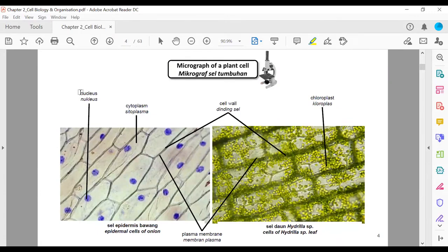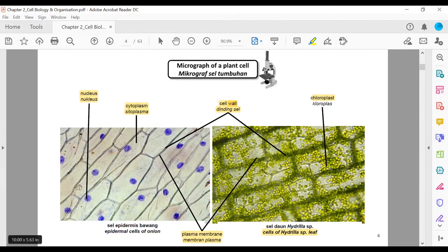So what you can see: the nucleus, the cytoplasm, the cell wall, okay, you can see the chloroplast as well, and you can see the plasma membrane. So these are the things that you can see in plant cells under the light microscope. Nothing else you can see. For example, this one is an onion epidermal cell and this is a Hydrilla leaf cell, as in the syllabus textbook.